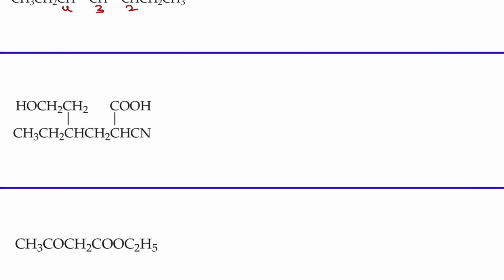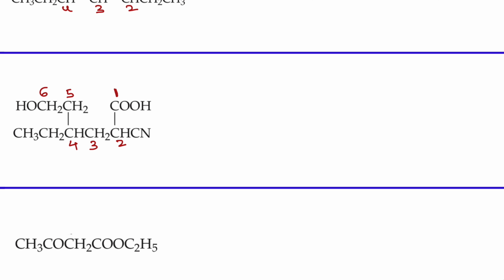And let us observe the next example. We have carboxylic acid, nitrile functional group, alcohol functional group. According to the IUPAC sequence rule, carboxylic acid receives first priority; second carbon, third carbon, fourth carbon, fifth and sixth.